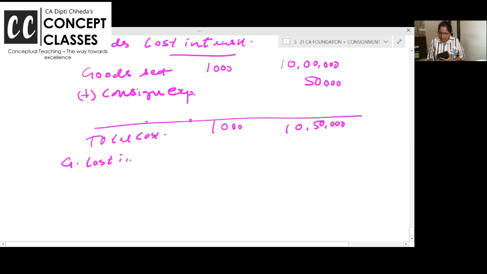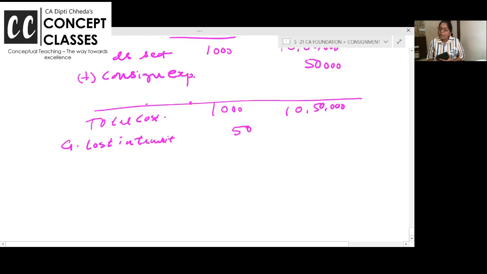Goods lost in transit: how many goods are lost in transit? 50. And how many are still in transit? 100.